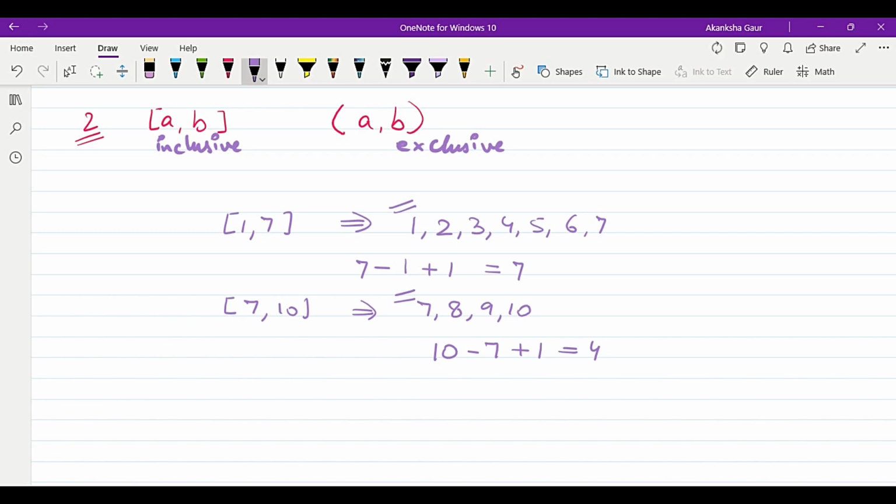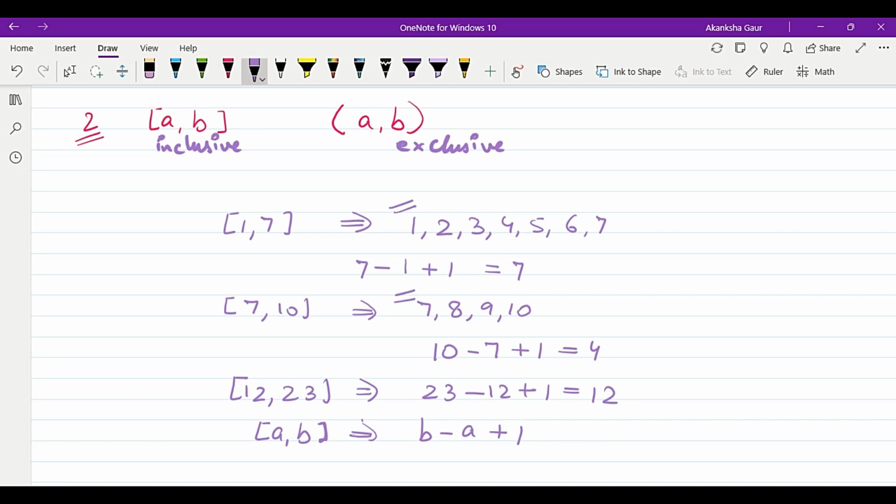Let's take one more case. 12, 23. If we have 23 minus 12 plus 1, this will give me 12. That means 12 numbers will be there in this range. So if I try to write a general formula, for inclusive a to b, with square brackets, the formula would be b minus a plus 1.